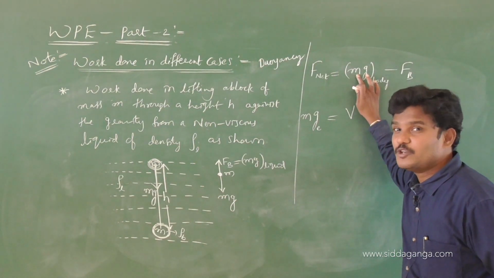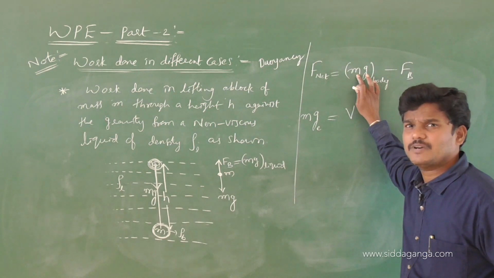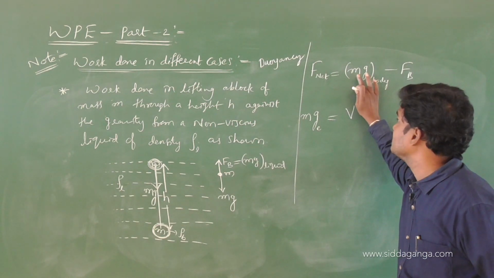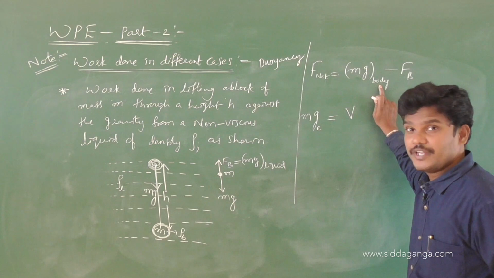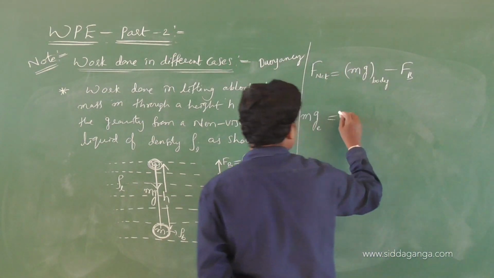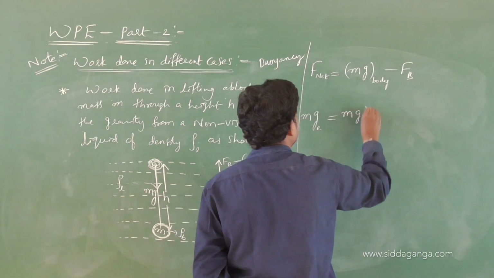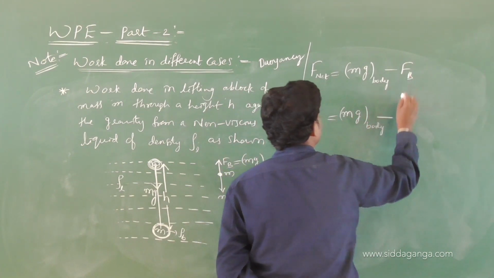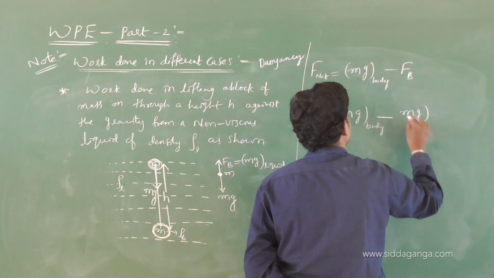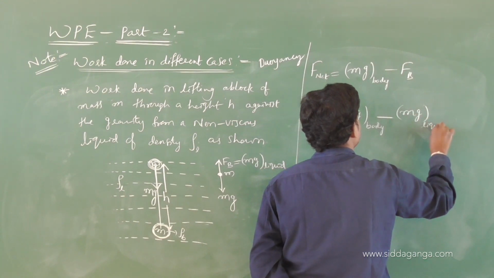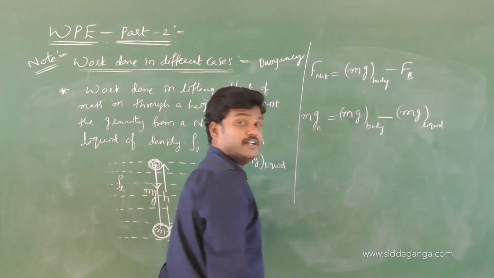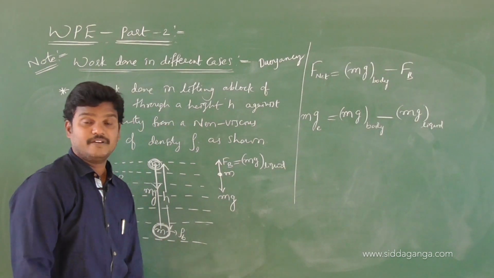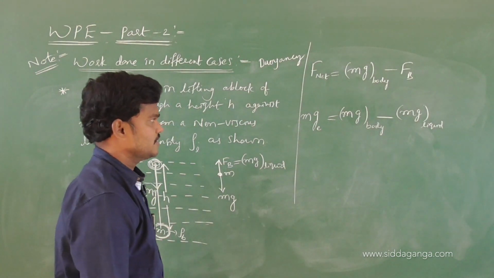Mass can be written as volume into density, because density is equal to mass per volume. Mg of the body. And mg of the liquid means the weight of the liquid displaced.